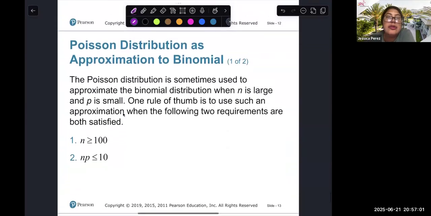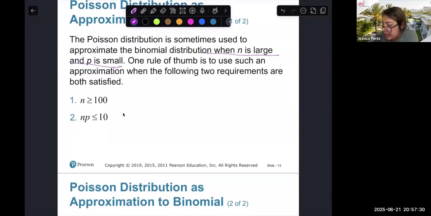Now let's look in more detail at the Poisson distribution as an approximation to a binomial. The Poisson is sometimes used to approximate the binomial distribution when n is large and p is small. One rule of thumb is to use such an approximation when the two following requirements are both satisfied. This is only when n is large and the probability is small.